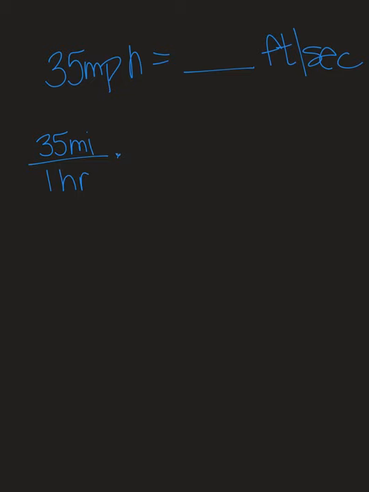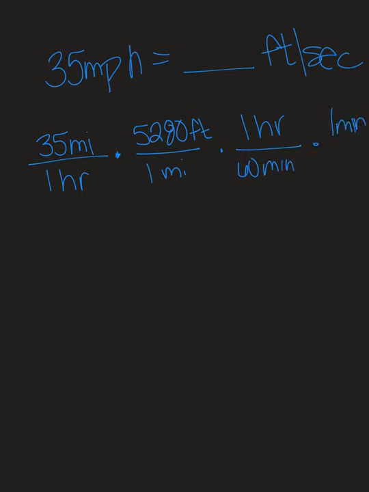So notice now I have a unit in the denominator because I have a per here. So I need to get my miles to feet and my hours to seconds. So the first thing I'm going to do is work on those miles. 1 mile, again, you're looking at your formula sheet here. It has 5,280 feet. And then we'll go from hours to seconds. So you can do 1 hour has 60 minutes and 1 minute has 60 seconds.